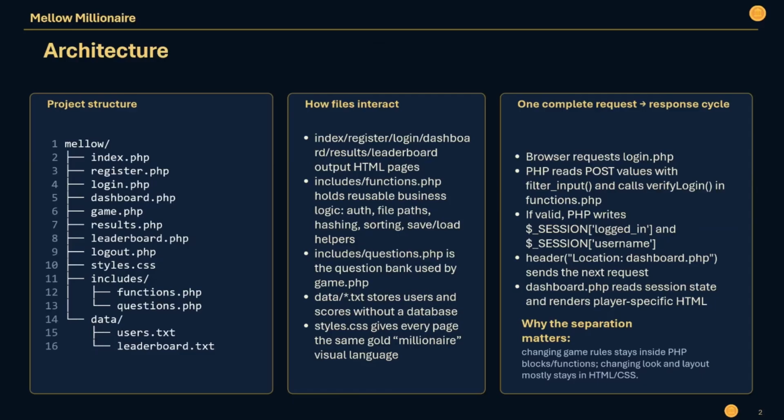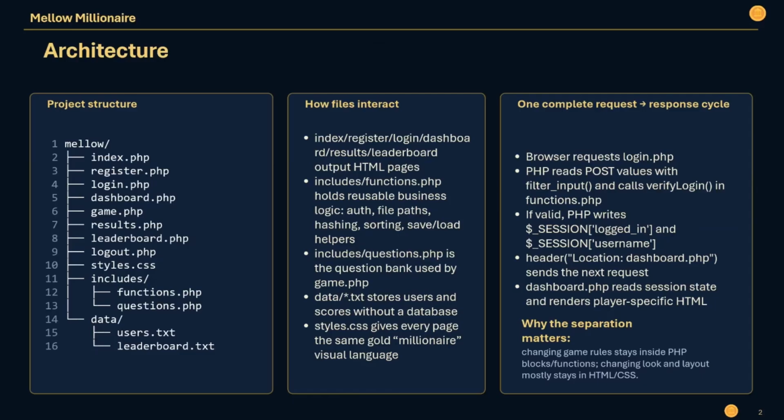And then I want to talk about how the requests work. The browser first requests the login.php, and the PHP reads the post values with filter input and calls verify login in functions.php. If it is valid, PHP writes a session logged in, and it shows the username at the same time.